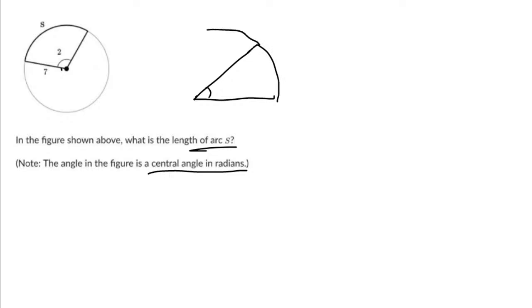This is our circle, assuming. This is our R, this is our R, and this is, let's assume, 60 degrees. Does it tell you anything about this part, like this arc?